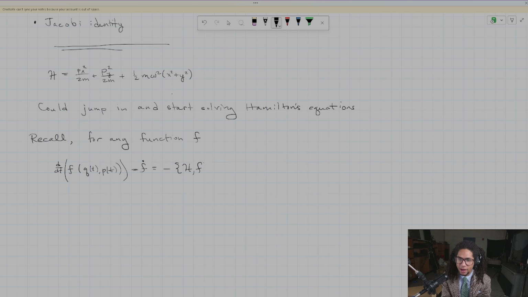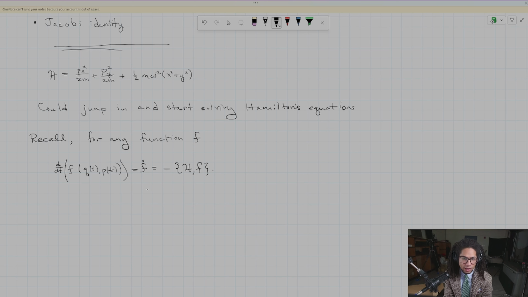So we actually have a quite easy way of treating systems like this, by ignoring Hamilton's equations, strangely enough, and instead thinking of other functions for which we can find the dynamics. All right, let's do that.